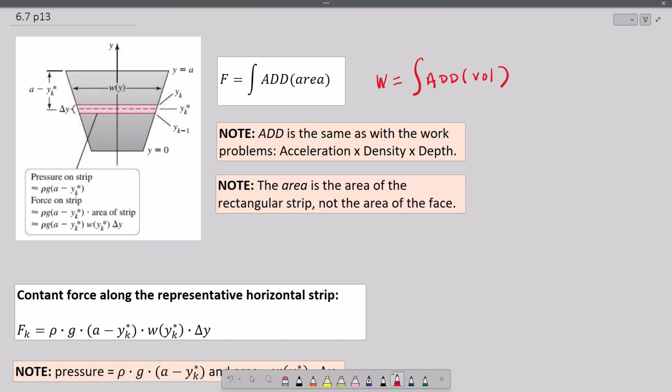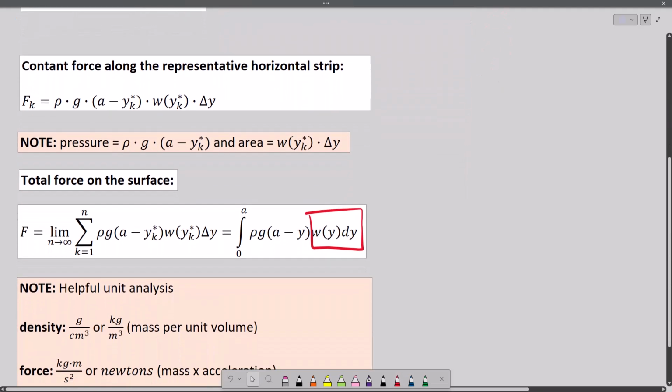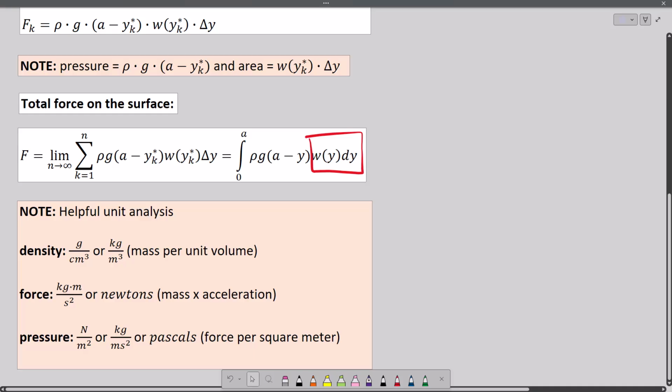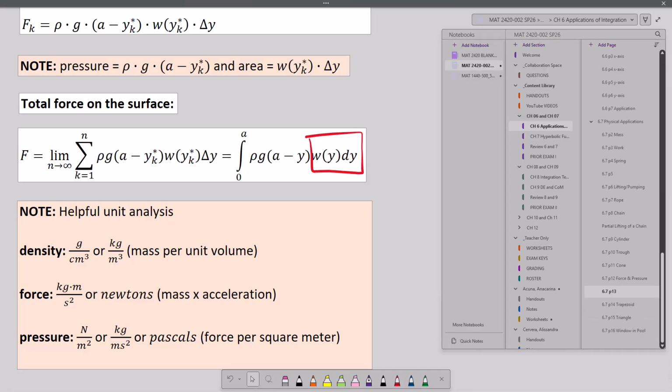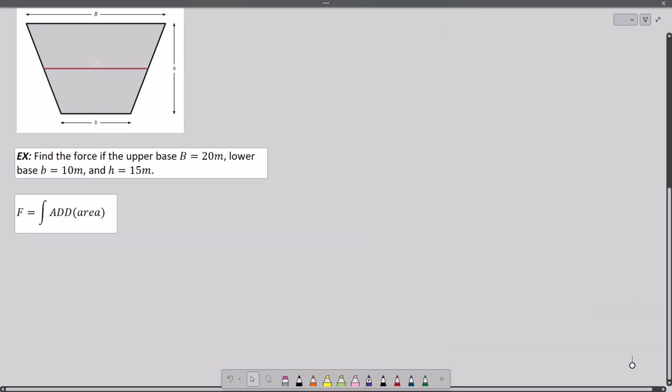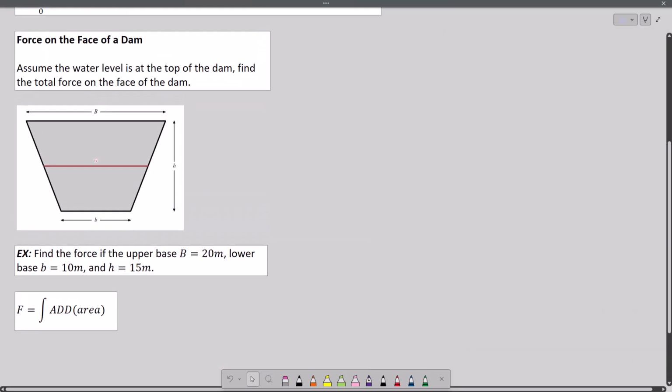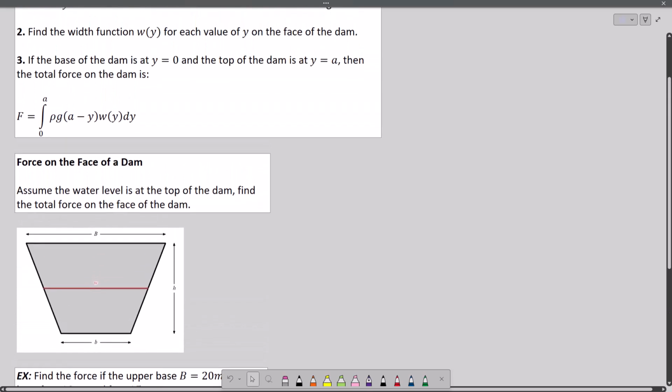And then ADD times area gives you force, because pressure is force per unit area. And if you multiply by area, the areas disappear and you're left with pressure. So I've got a bunch of explanations down here, a bunch of unit things that you can look at just to convince yourself or to try to kind of get a handle on the units and how they all tie together. Let's go through the mechanics of doing one of these.